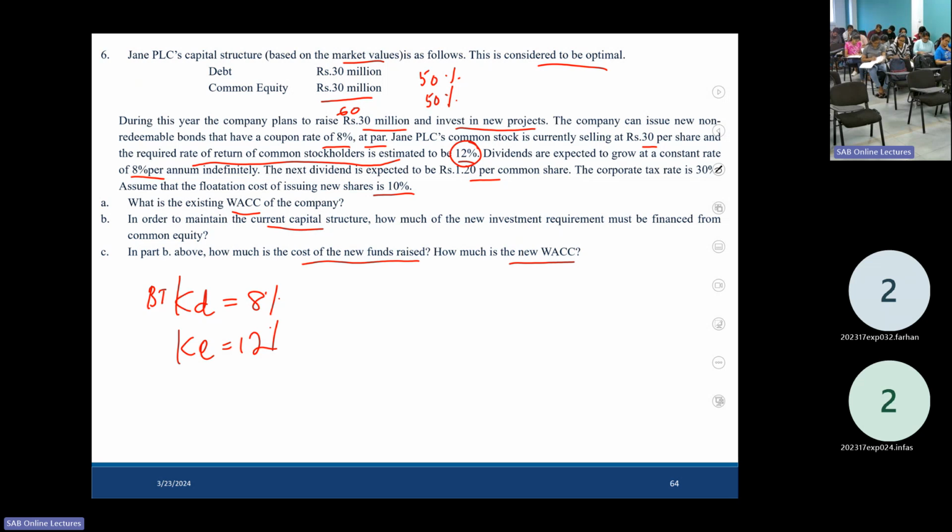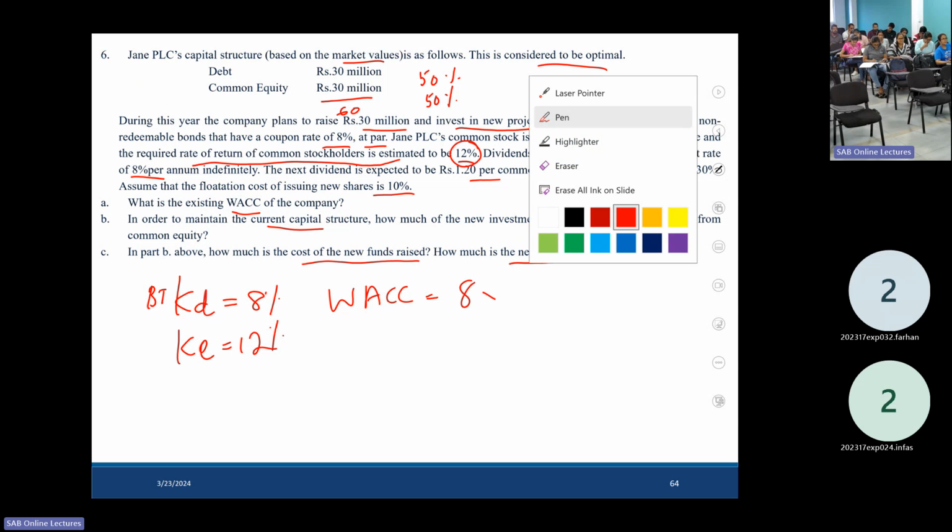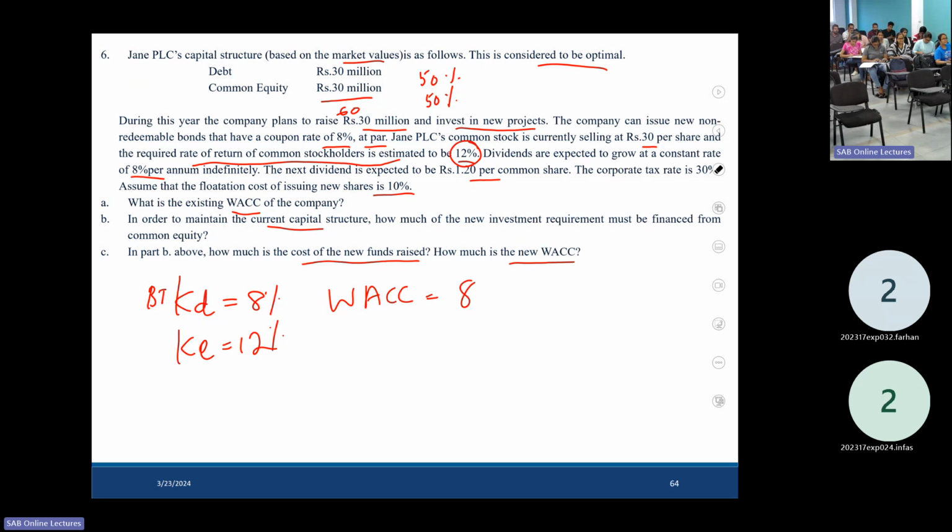So how much is the existing weighted average cost of capital? Nothing here. The existing weighted average cost of capital is equal to 50-50 as the weights. 8% is the before-tax cost of debt, so you have to consider the tax rate here.